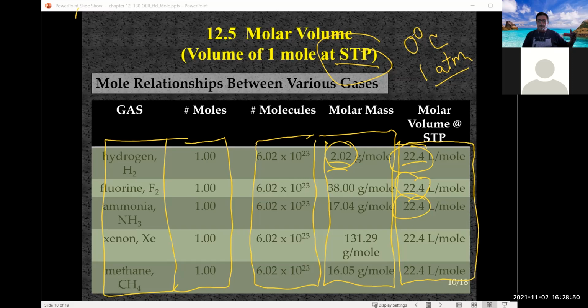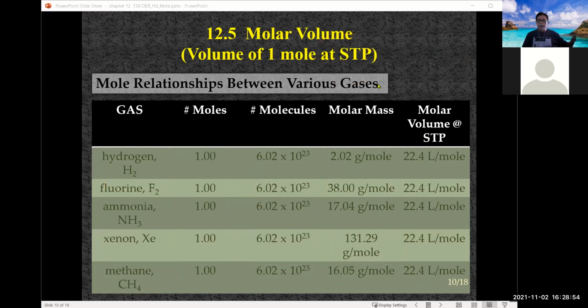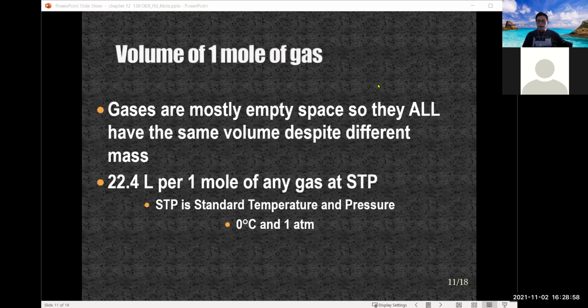Let me clear up the mess here. And so we can utilize that ratio in our calculations. This is just a rehash: all gases at STP, it's important, only at STP. So they may mention in the problem, you are at STP, and that's great.